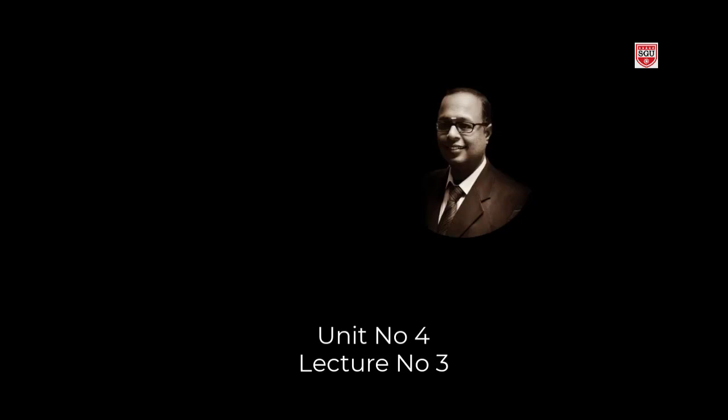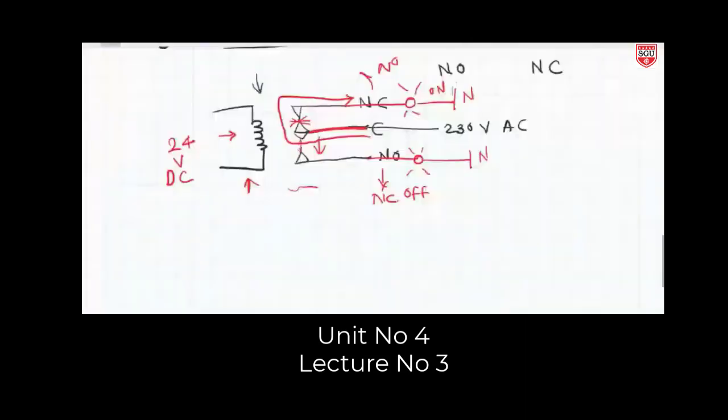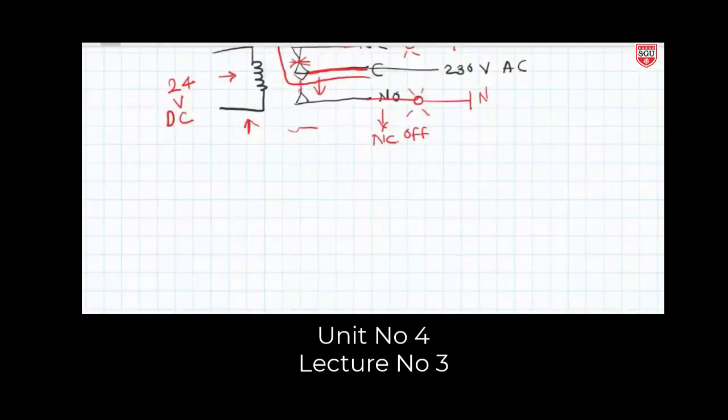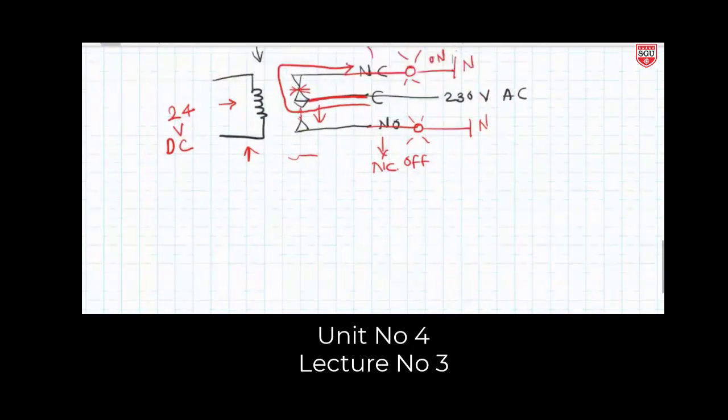So, I hope you have seen the relay concept. I will continue with that. So what you understood, as per my knowledge, is that there is one coil which has low voltage, most probably DC voltage.